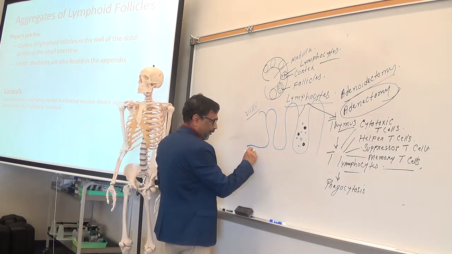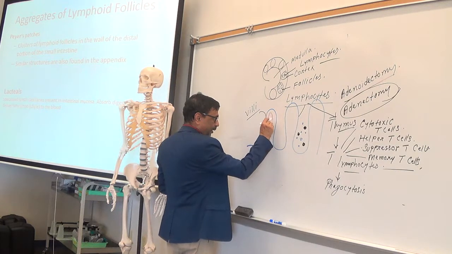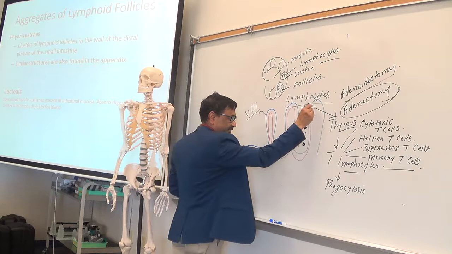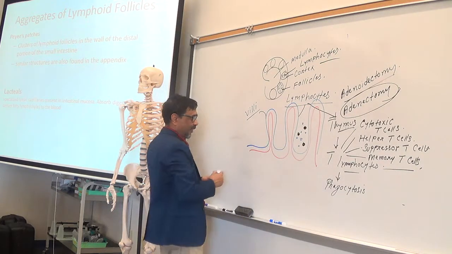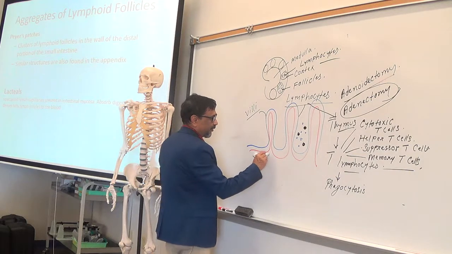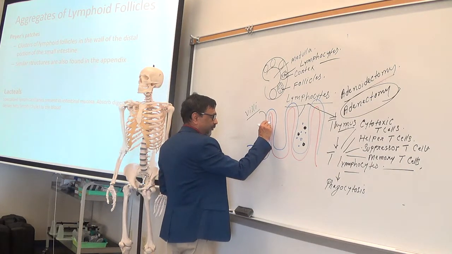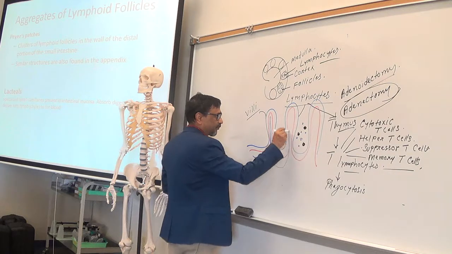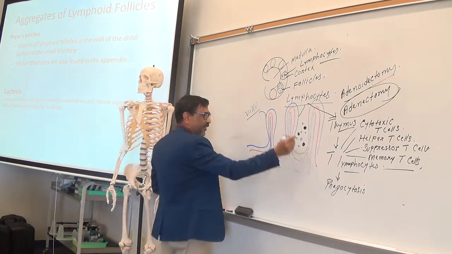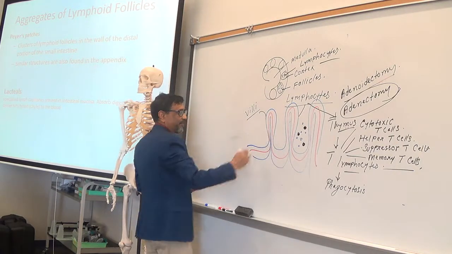And blood capillaries enter into the villi like this, as well as lymphatic capillary. So this is the lymphatic capillary. So you have both blood and lymphatic capillaries inside the villi.